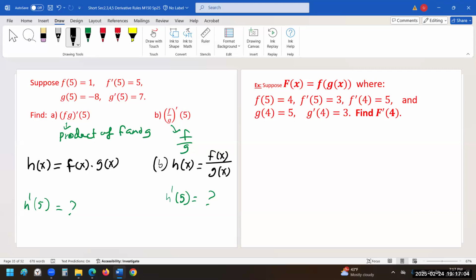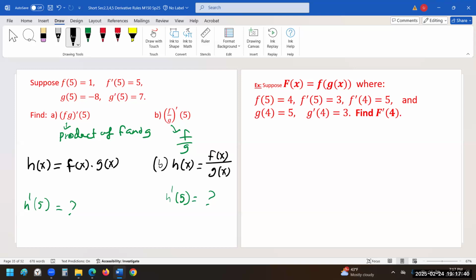How do you think? Ellen, what's the answer for the second one? Nine. So what is the difference? You're finding the derivative at 4.